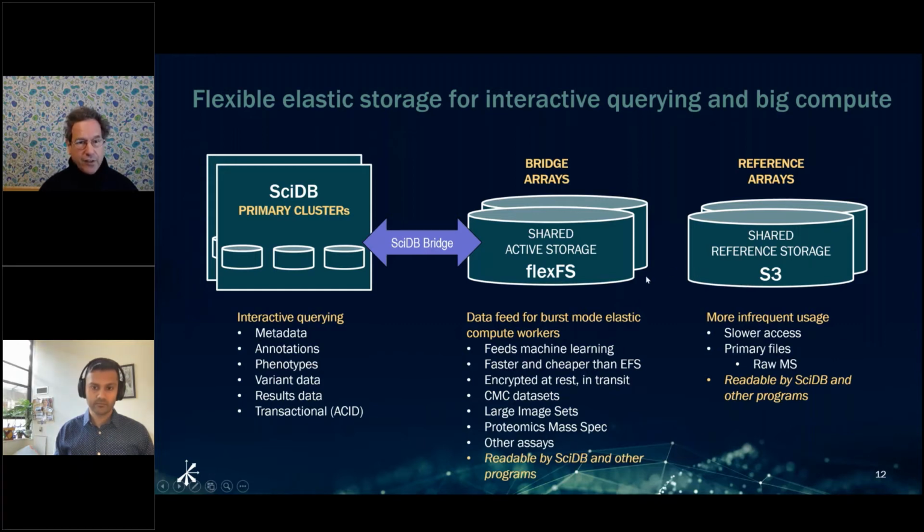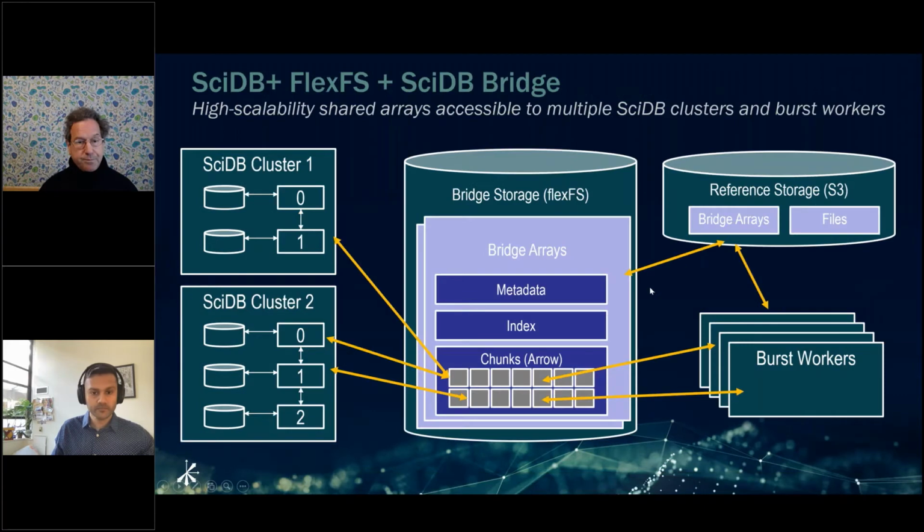So you can easily see a nice hierarchy where you can quickly shift data into SciDB for large analytical experiments, but it would stay in a file store directory, which then could be easily addressed and accessed through other programs. The data here will be stored from SciDB as an Arrow format to facilitate really rapid transfer of data from SciDB into Flex as well as into S3.